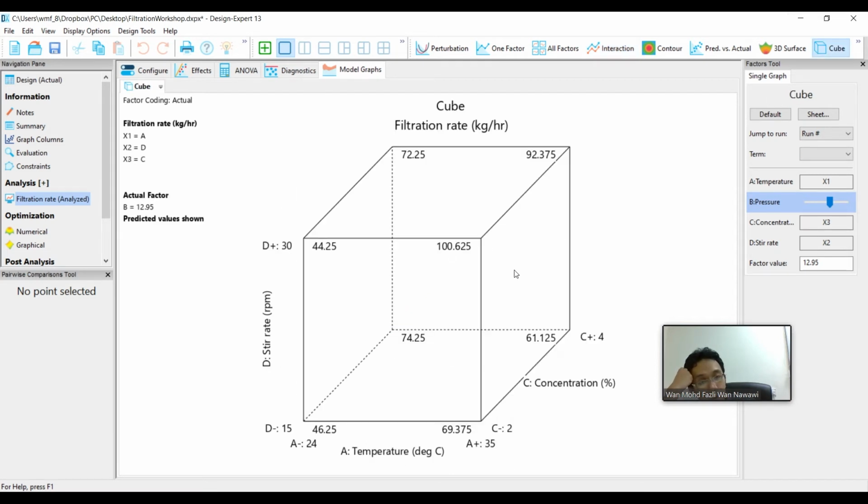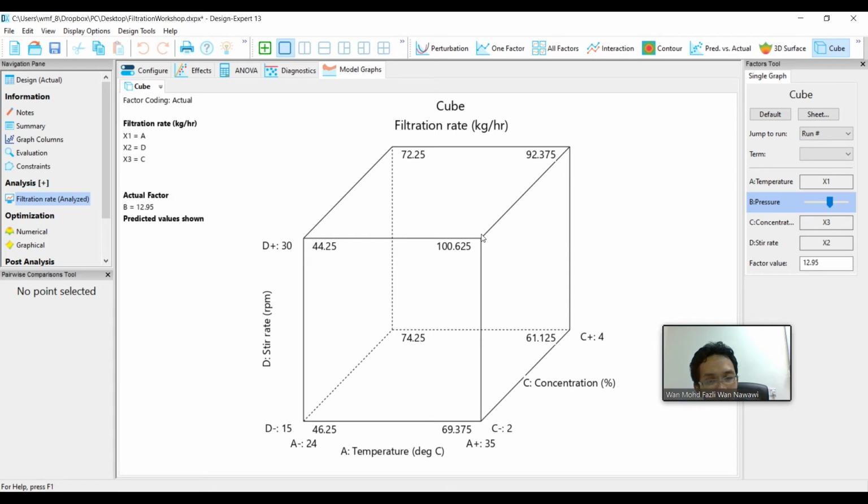So for the cube here, they put all the combined effect. All the values here are the predicted ones. So from this cube at a glance, you can see you can get high if you use a combination here.